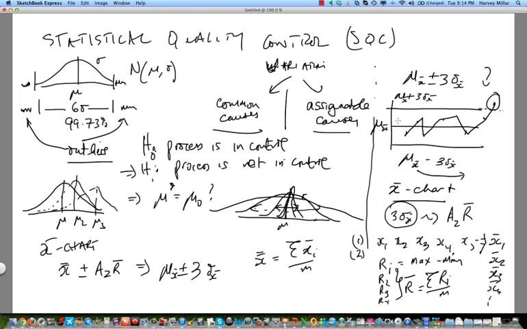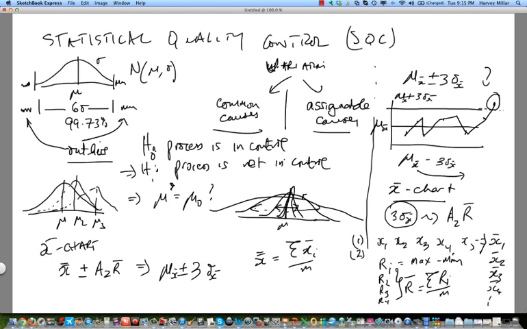Then we will simply continue to monitor the averages from future samples. As long as the averages from future samples fall within the range, we're okay. But when one falls outside of the range, we have to stop the process, check to see what's wrong, because there's an assignable cause, make that correction, and then continue once the correction has been made.